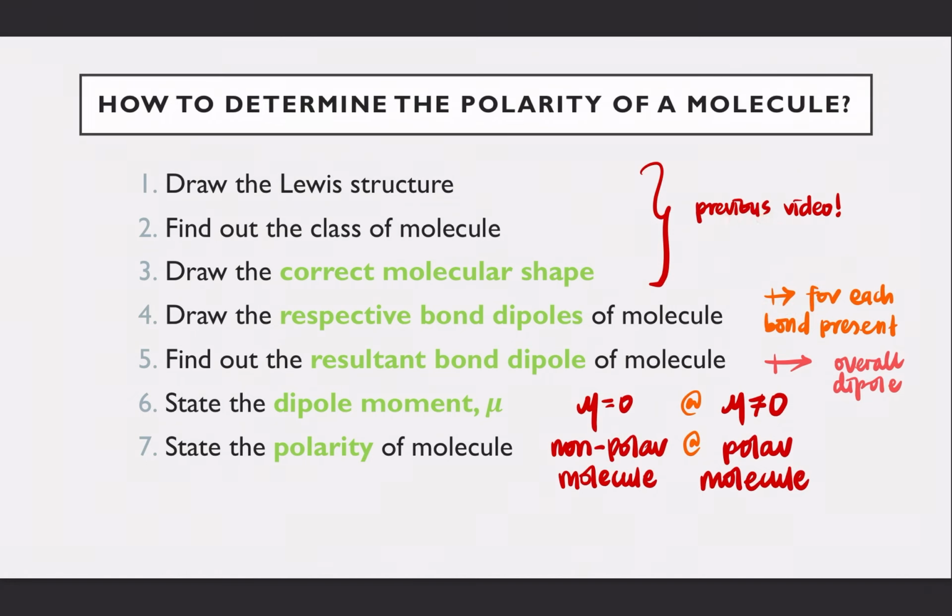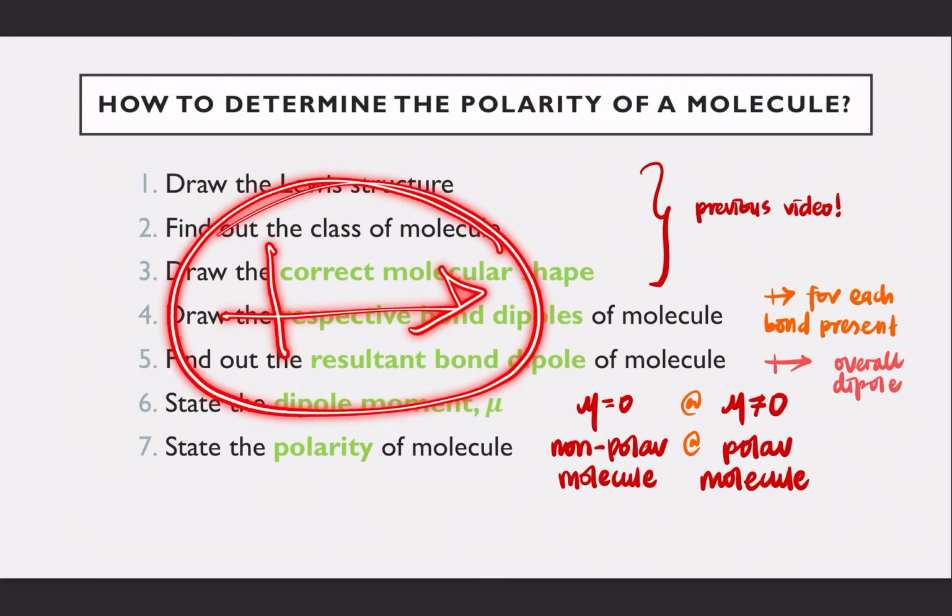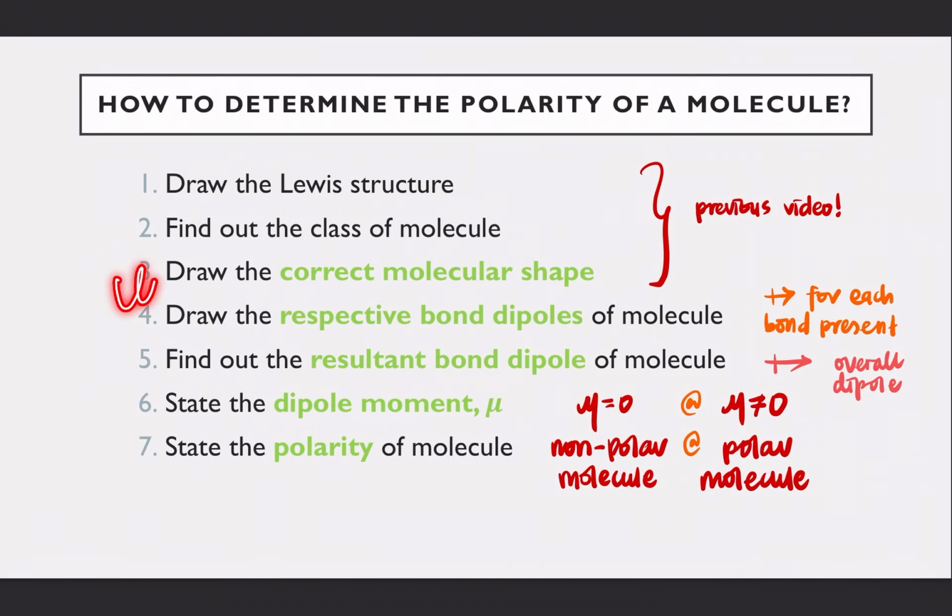From there, you find the resultant dipole, to see whether they cancel out each other or not. If it doesn't cancel out, to which side does it point? That means it has a dipole moment or not. After that, you can state the dipole moment, whether mu equals 0 or mu is not equal to 0.